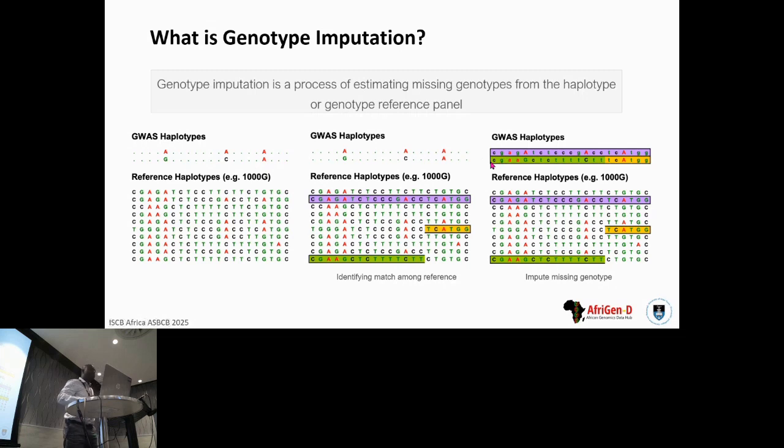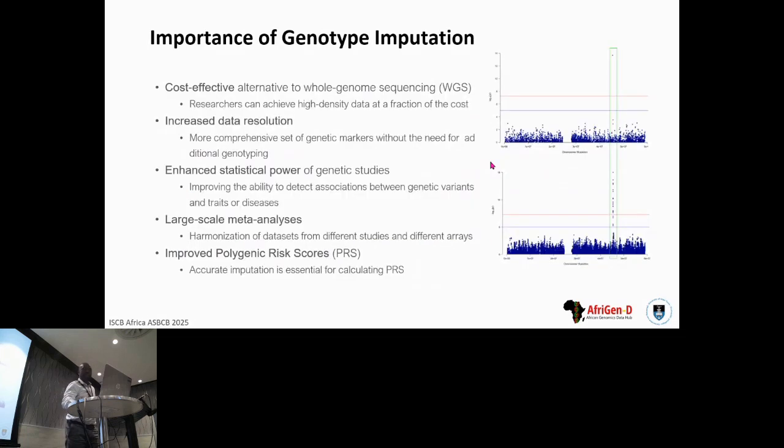It's a technique that has really been used a lot in genetic studies, and I think it's a cost-effective alternative to whole genome or exome sequencing because you can use this to achieve high density to fill in your data.